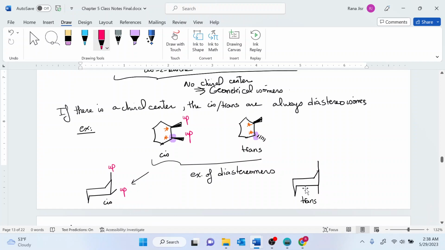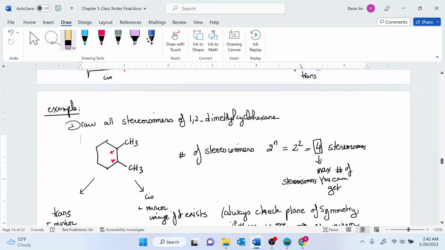If I have these two, something like this, and I ask you what's the relationship between them, the first thing that you would need to do is figure out the orientation of these groups with respect to each other. So these are trans and these are on the same side and these are cis. So cis trans, immediately, because you have chiral centers, that is going to be a diastereoisomer.